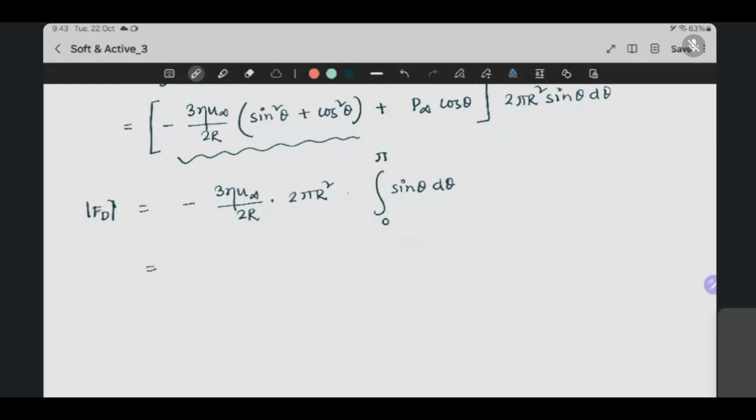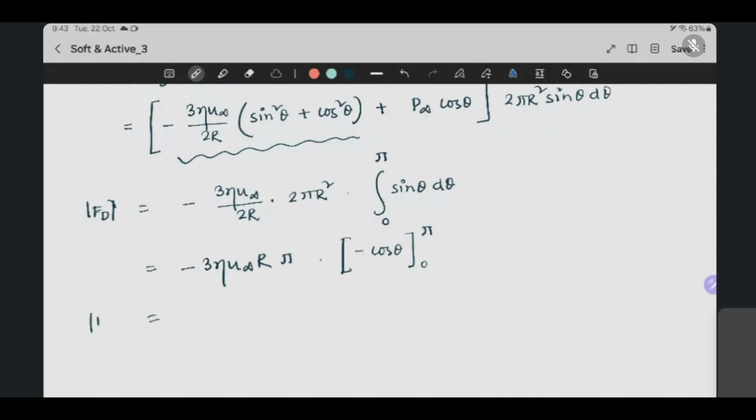So this becomes minus 3 eta u naught r pi into minus cos theta from 0 to pi. Cos theta at pi is minus 1.